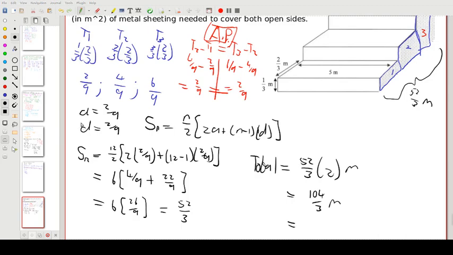I get it in decimal form: 104 divided by 3 is 34.67. So 34.67 meters squared. Remember the square. That is actually true. Right, and that's it for question 3. We'll dive into question 4 pretty soon.